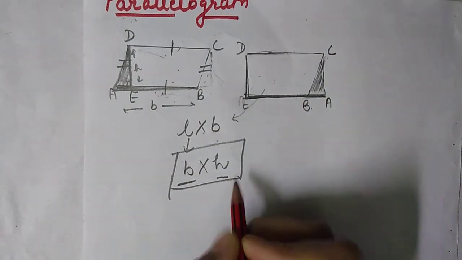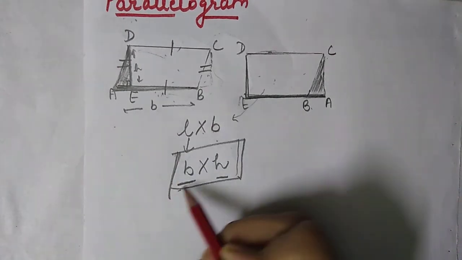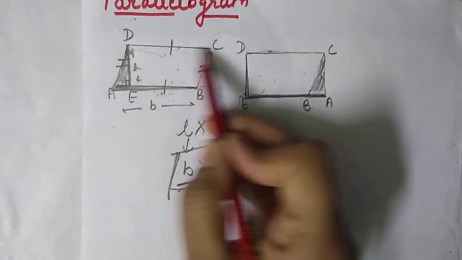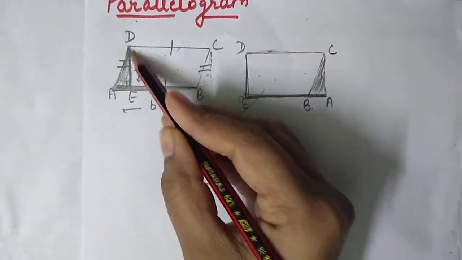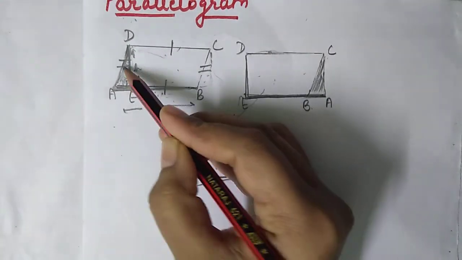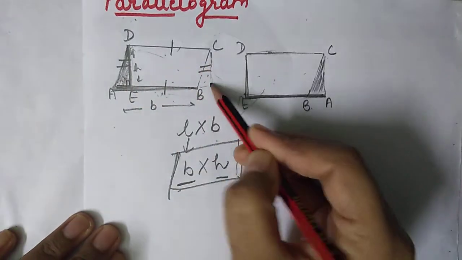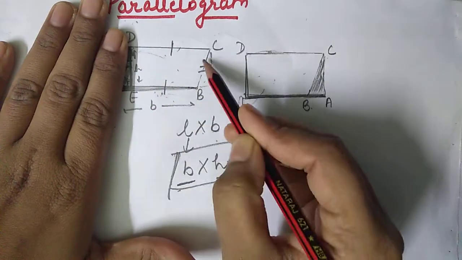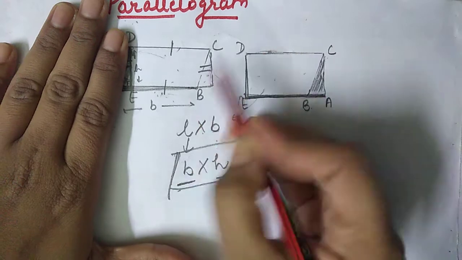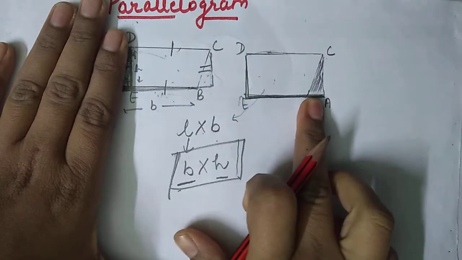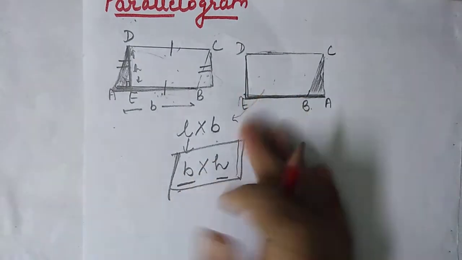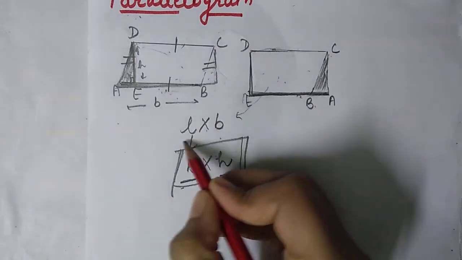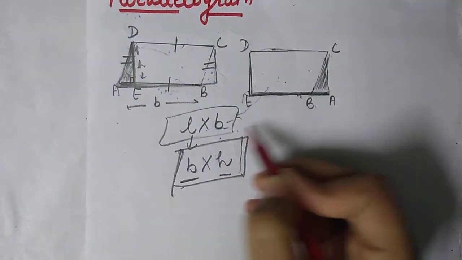And how have I derived this formula? I took a parallelogram first. From one end, I cut off a triangle and pasted it to this side. After cutting and pasting, I get a rectangle of the same size as the parallelogram, so the area remains the same. The area of a rectangle is length into breadth.